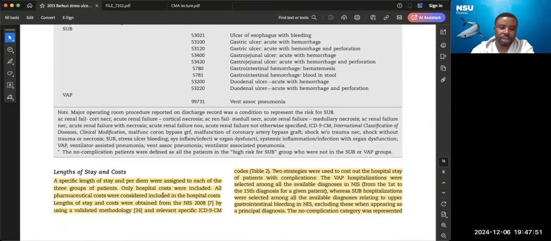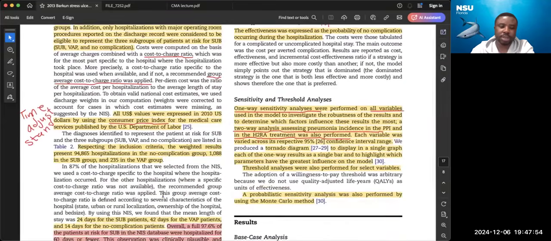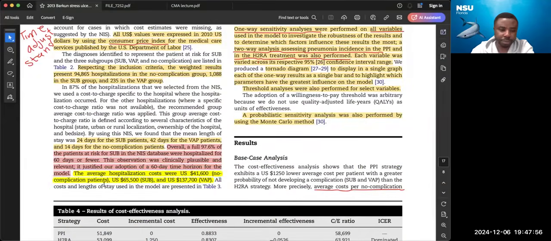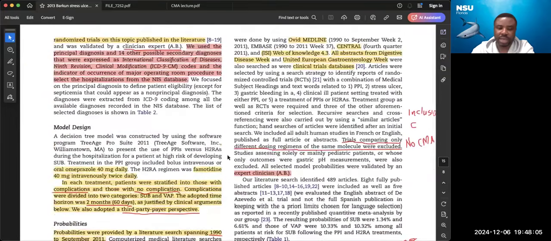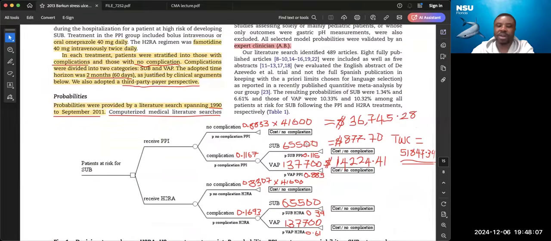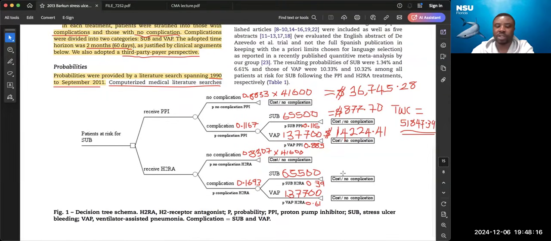So for the costs, the cost for stress ulcer bleeding was 65,500. I'll go to the decision tree and put the 65,500 wherever there is cost for stress ulcer bleeding. You can see it here as well in the H2 array arm, and then the PPI arm as well. And then the 41,600, you can see it here, and then that.